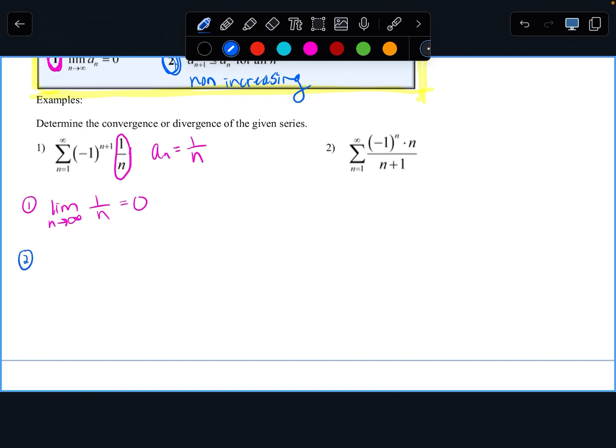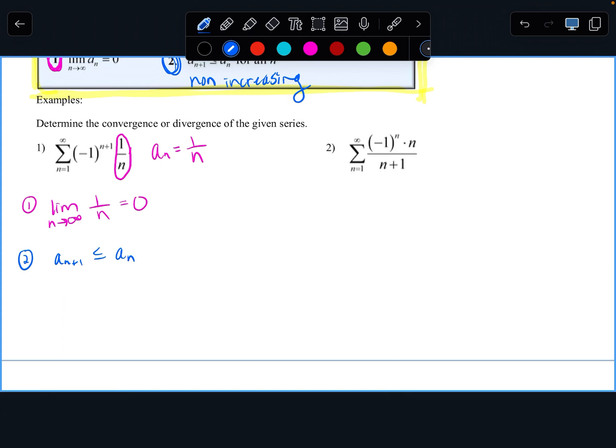And then the second step is really not too bad. You have to show that the next term is smaller than or equal to the term before it. That's essentially what it's saying, the terms are getting smaller as you go.